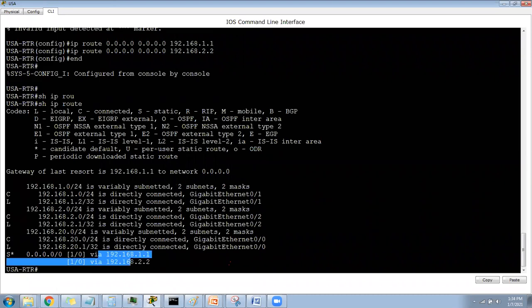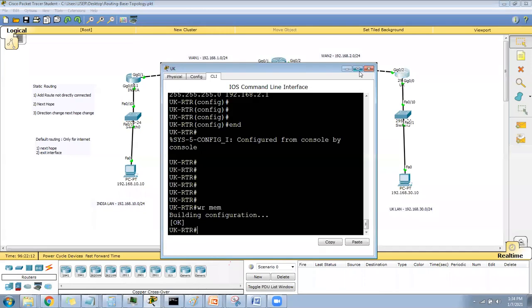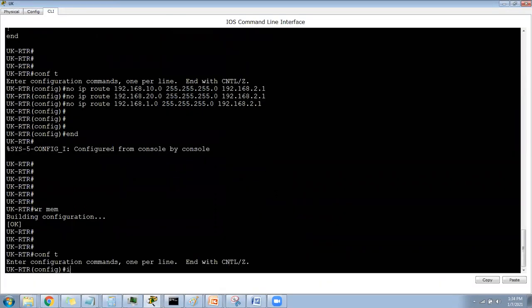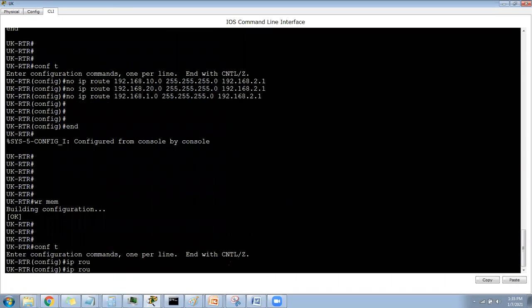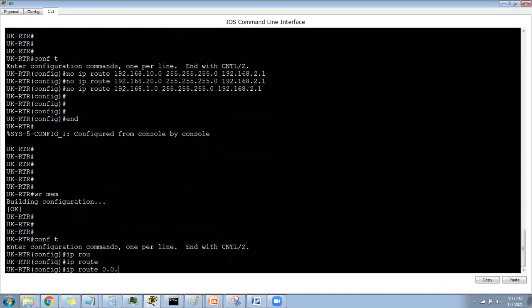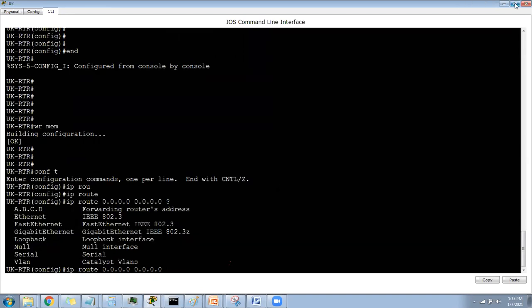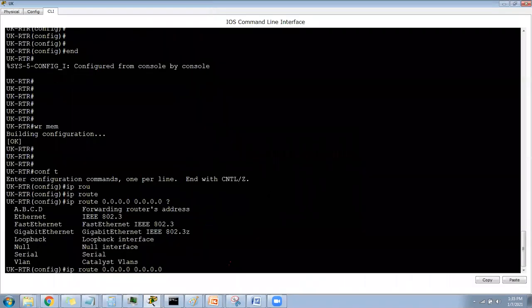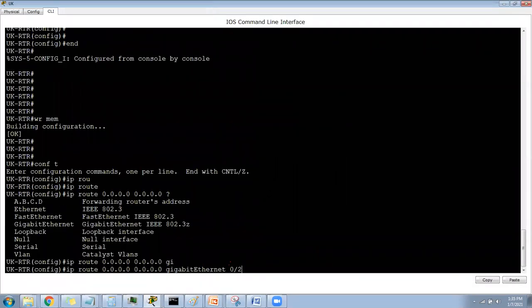So we see here the two default routes I have. On this side again, in the terminal, ip route 0.0.0.0, then question mark. What is the exit interface? GigabitEthernet 0/2, so I will say GigabitEthernet 0/2.